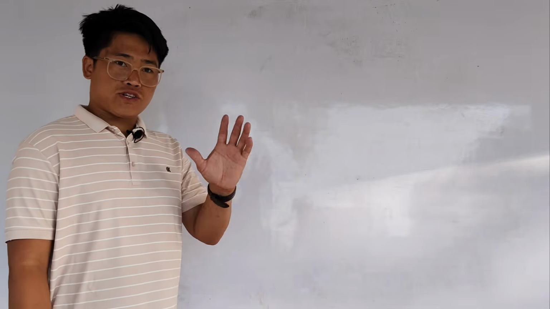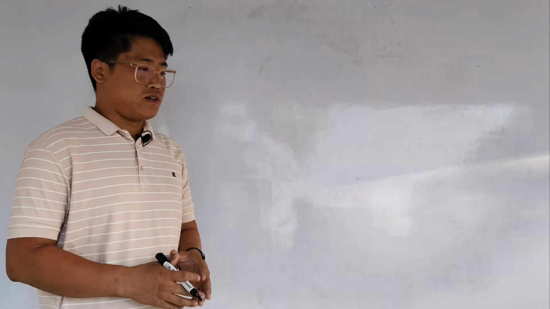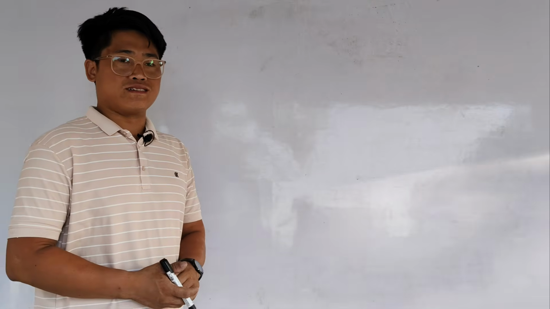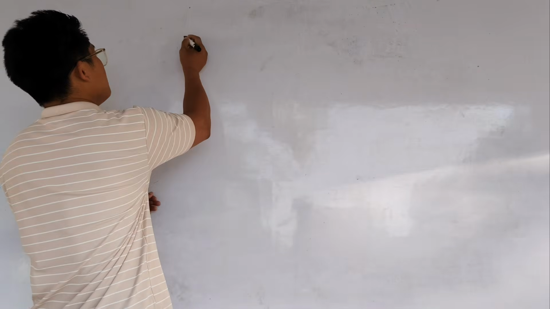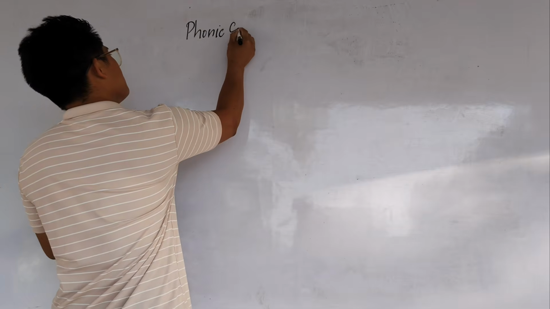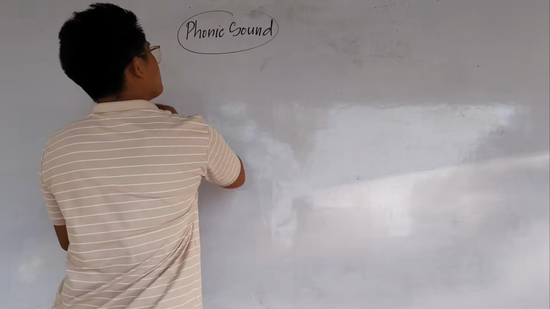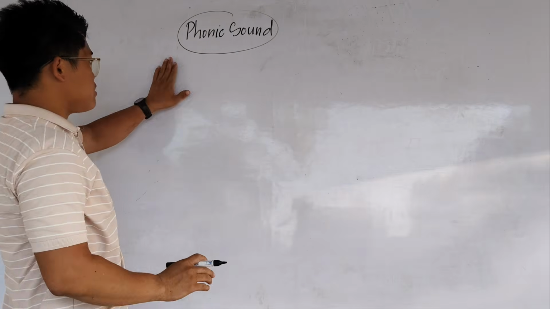Okay, so in connection to the phonic sound, I'm going to talk to you about two consonant letters. First, let me write down here phonic sound so that you don't get confused. We're still talking about phonic sound.